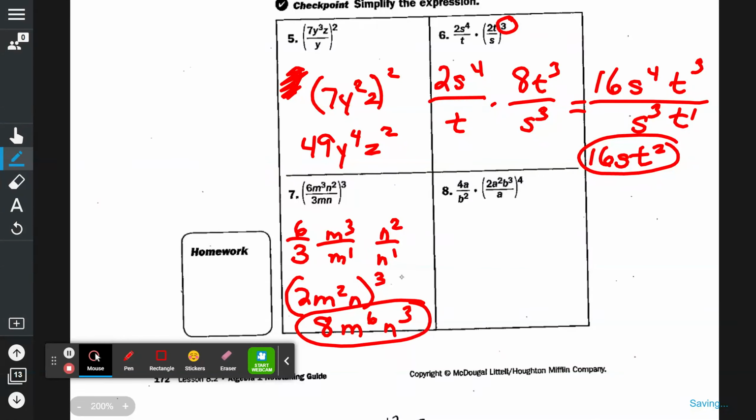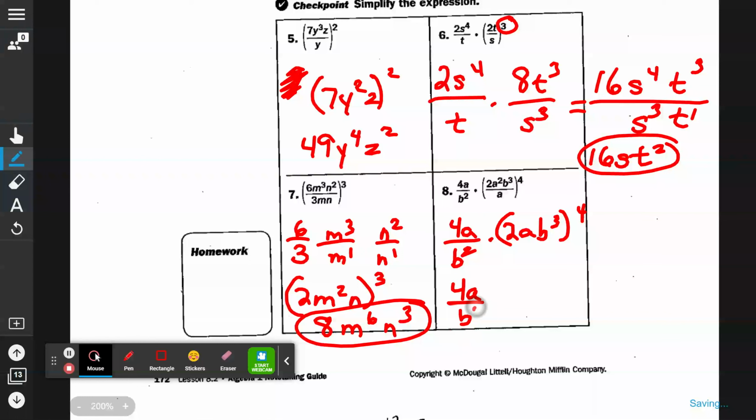Now, for this one, the first thing I'm going to do is simplify what's inside the parentheses, because I have an a squared over a, which becomes 2ab cubed. And then I have to raise that to the fourth.